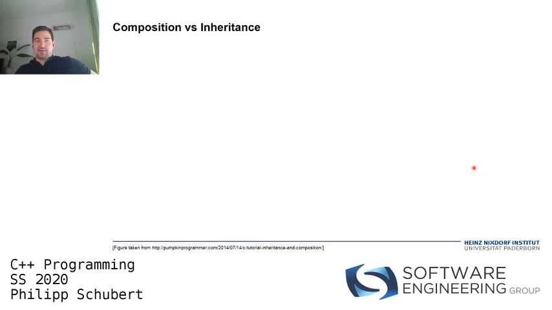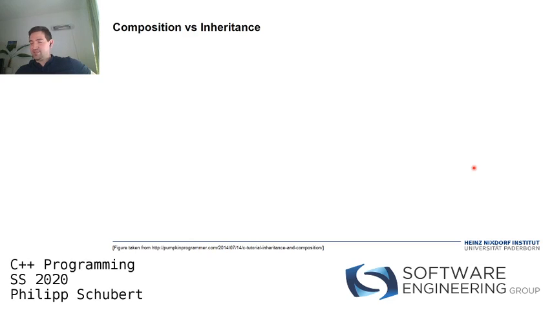All right. Then something else which might be important to you whenever you solve more complex problems. The question arises, do I use inheritance or do I use composition? Both of the concepts are very similar.